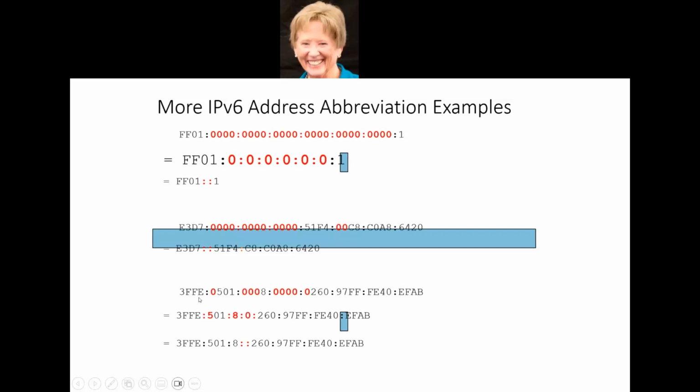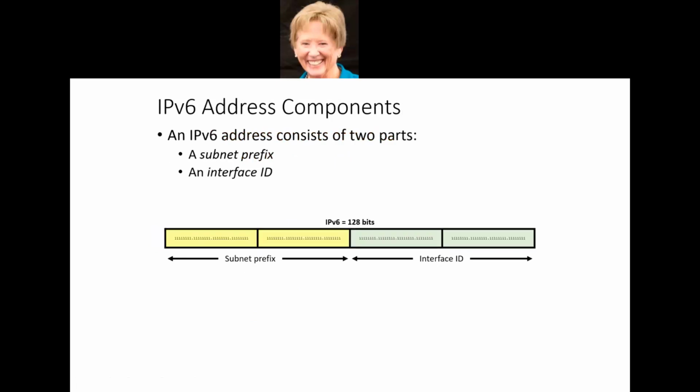Here's another example, 3FFE, etc. I can leave off my leading zeros here. There's a 1 0 here, the leading zero here, etc. So let's break it down and make sense of it.